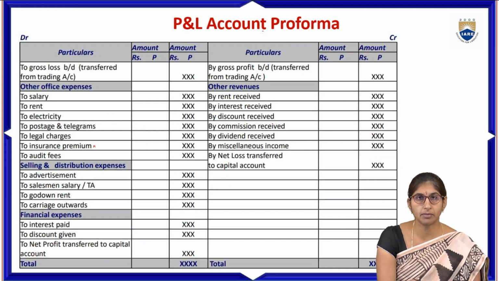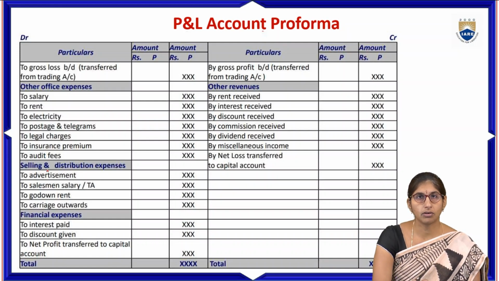So insurance premium we regularly pay, so we have to write it in the debit side. And audit fees, auditing of all the accounts or auditing any of the activity, is also expenditure, so audit fees also come under the debit side.